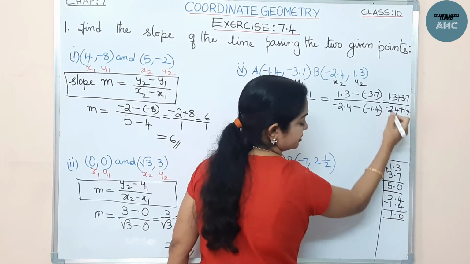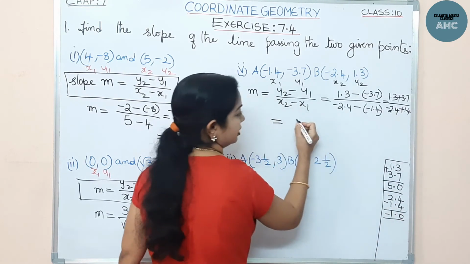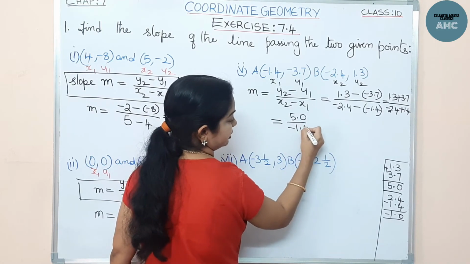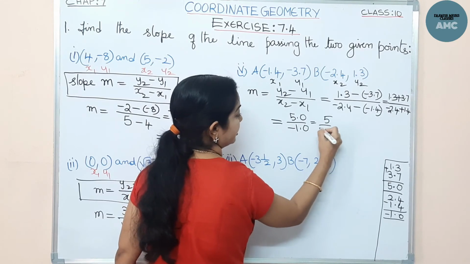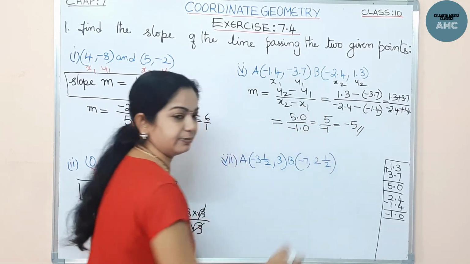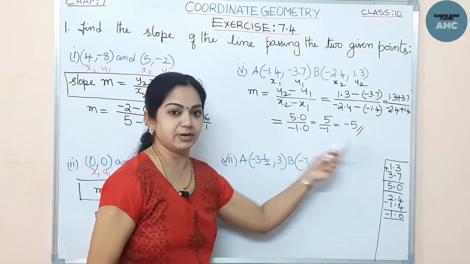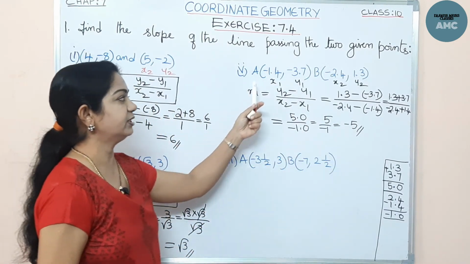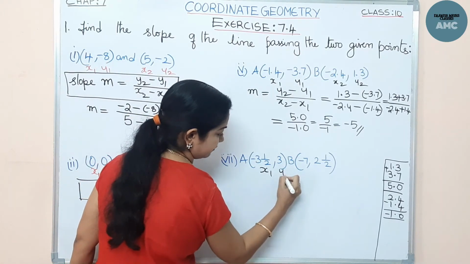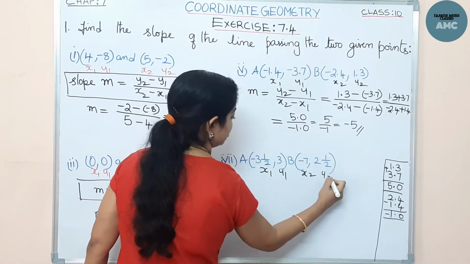But negative sign is for the bigger values, so minus 1. So the upper one is 5.0 by minus 1.0, that is nothing but 5 by minus 1. So that is minus 5. My negative will be carried over to the upper part, that is minus 5 is the value of the slope of that line. Now the last one, x1 y1, x2 y2.